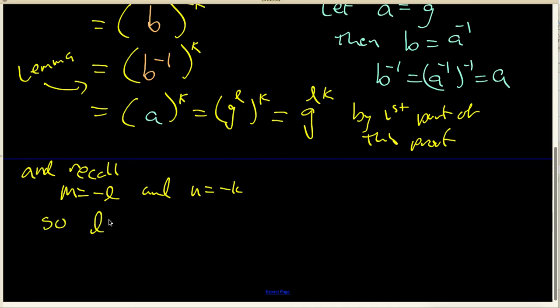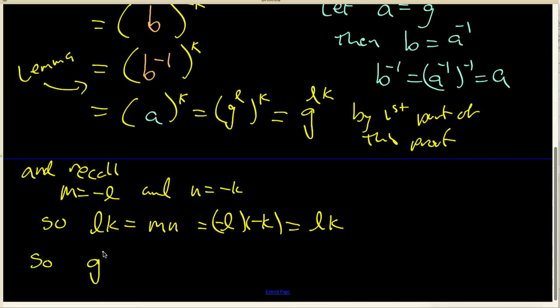So Lk and mn are exactly the same number because mn is nothing more than -L times -k, and that's a minus times a minus, so we get Lk. So what we now have then is that (g^m) raised to the n is equal to g^(Lk), but g^(Lk) is g^(mn), and that completes the proof of the second part of this theorem.